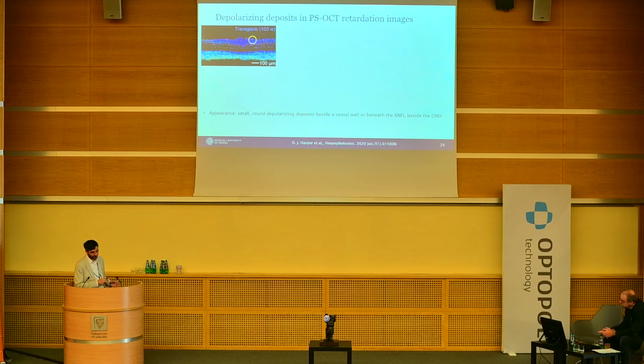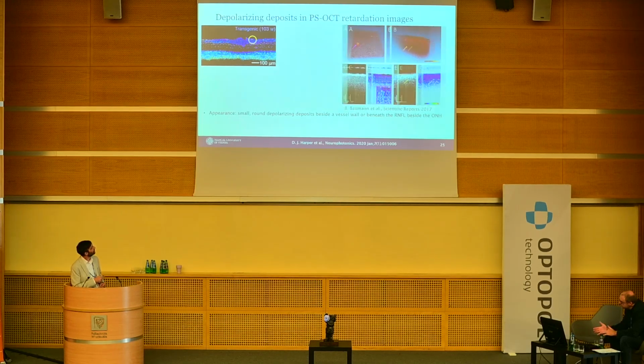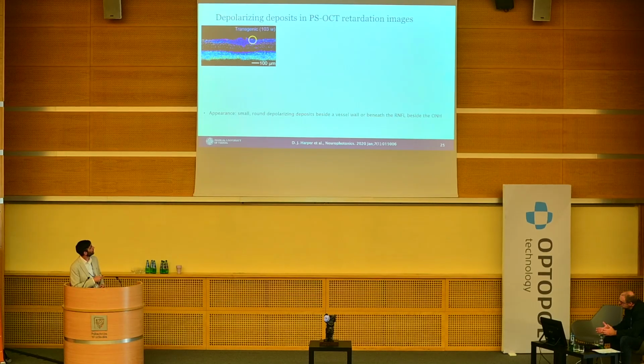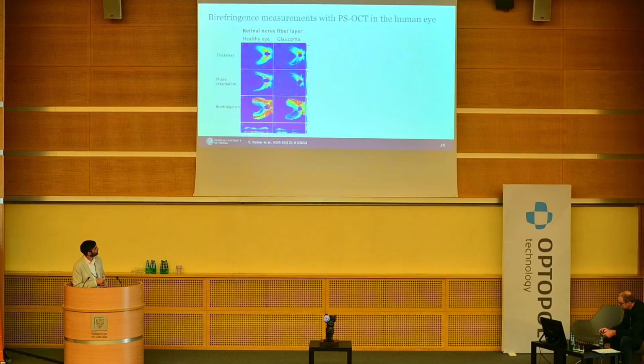And we also then were excited by this and got some funding to image some mouse models where we also observed in the retina some structures that actually changed the polarization, and which reminded us of these structures we saw in the brains of human Alzheimer's patients earlier. We also observed this in some mice, and in this case some of this was related to these amyloid plaques, but there are also other structures that change the polarization of light, like for example melanin pigments.